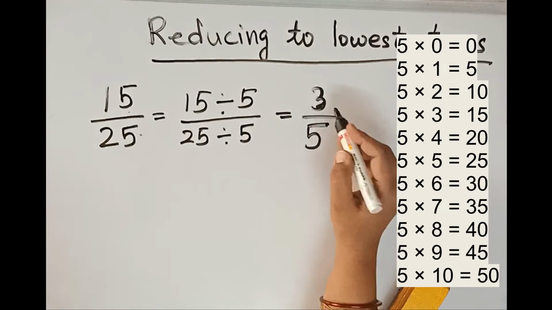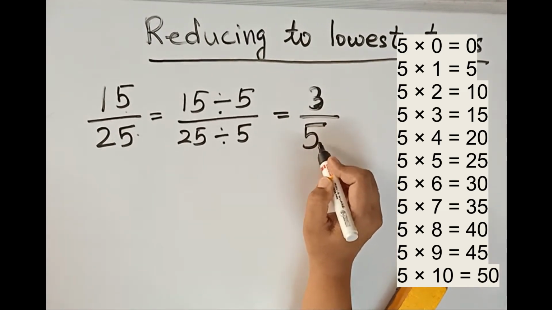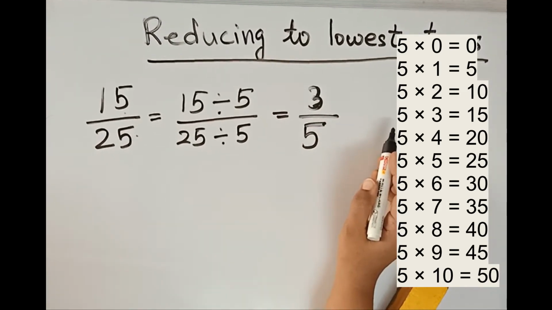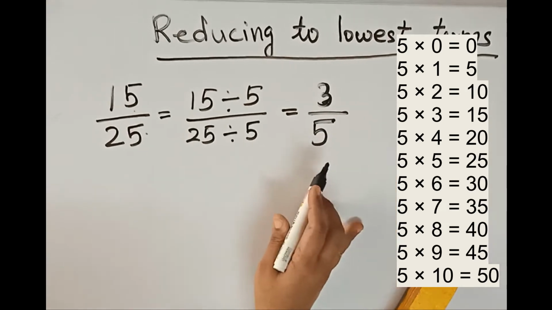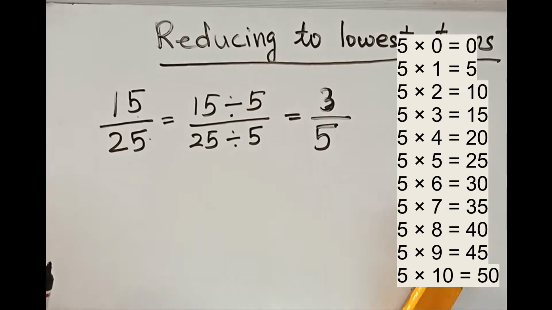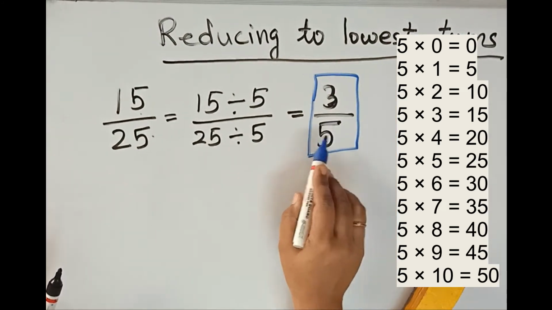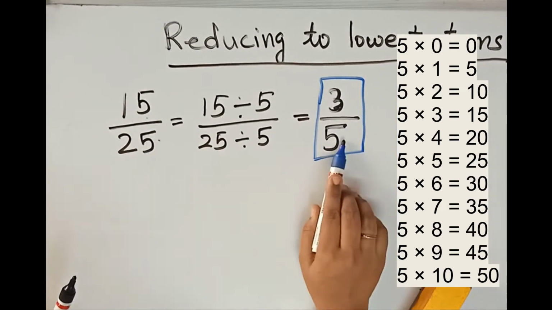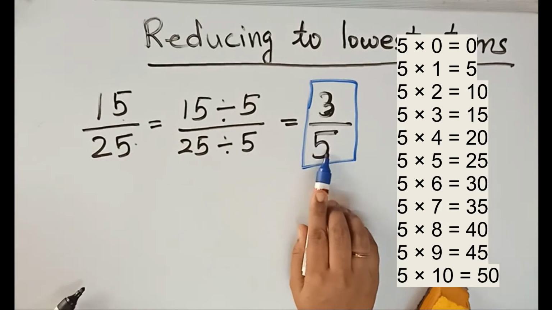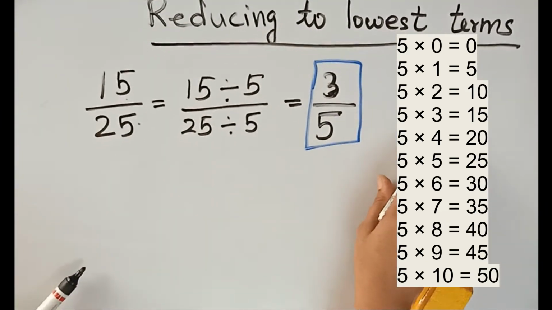Now understand, 3 and 5 we are not able to divide further. So this we call the lowest term, reducing to the lowest term of 15 by 25. Lowest term means that number we are not able to divide further.